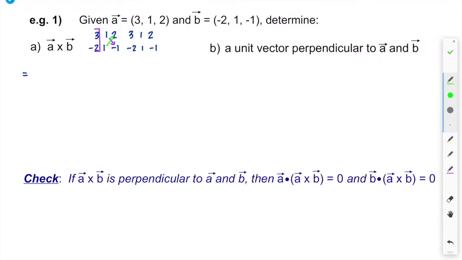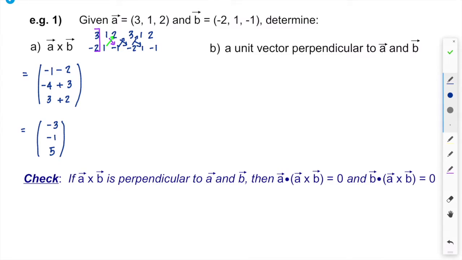We follow that pattern, right? So for the x component, I have 1 times -1 minus 2 times 1. And then the y component, I have -4 minus -3, so plus 3. 3 times 1, 3, minus -2 times 1, plus 2. Simplifying this, I get -3, -1, and 5, being the cross product of A cross B.